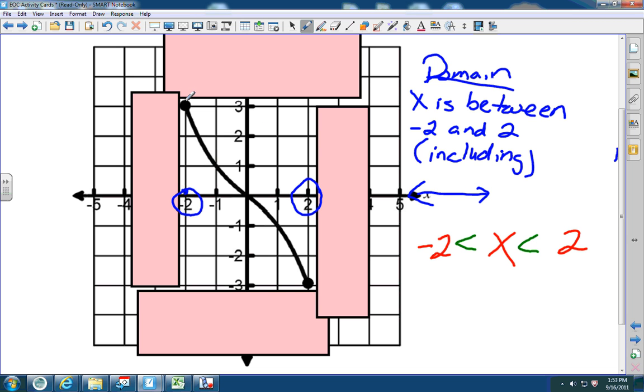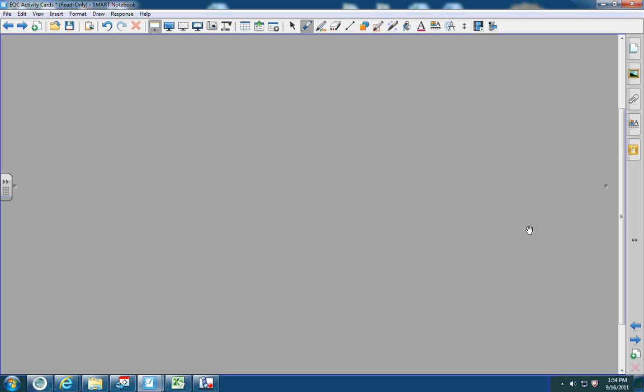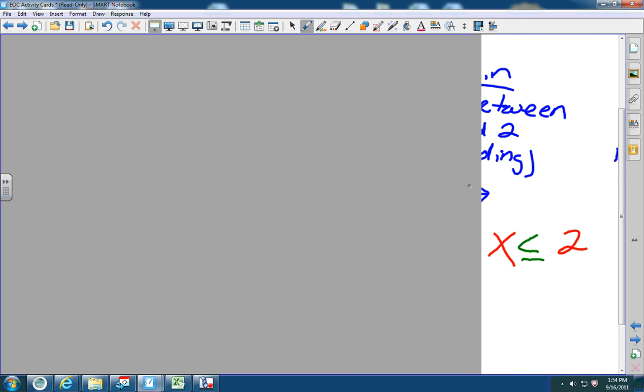But this right here, see how there's a closed-in circle? I said that it's equal to, so I have to put an equal to, because this means less than or equal to. So my x is between -2, and then this is a closed dot, so it's equal to 2. What's actually happening here, if I take my inequality, it says x is less than or equal to 2.